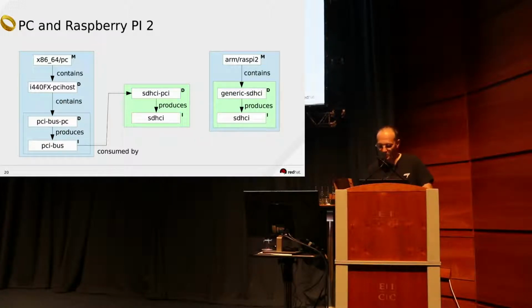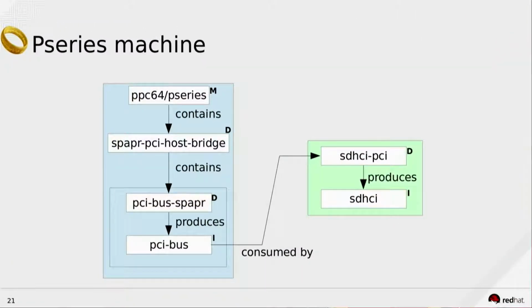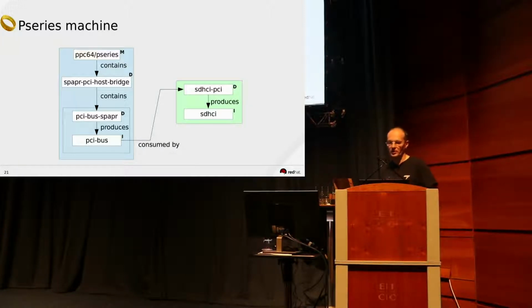But with the framework, as we have another machine providing the PCI bus interface, now the test is automatically run on every machine with a PCI bus in which we can plug the SDHC PCI card. So with only this example, we have a new test case for the SD card controller test.